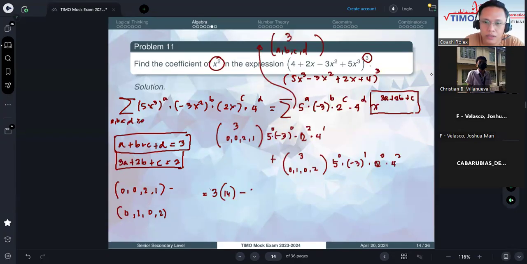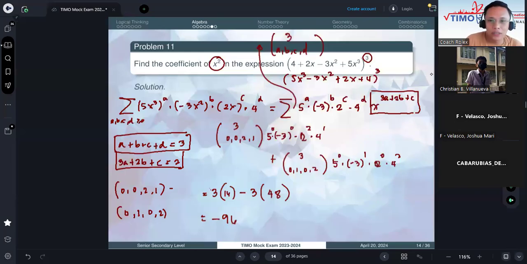Minus 3, this is negative 3 times 16, negative 48. So you will have 16 minus 48 times 3, which is negative 96.